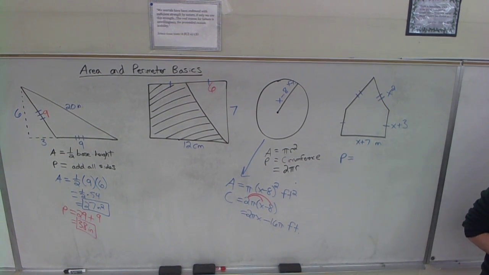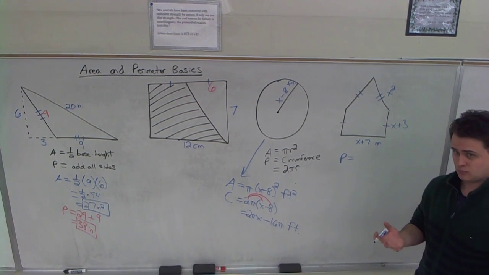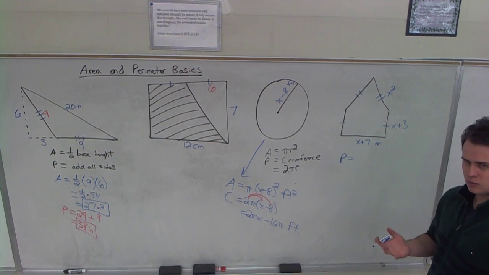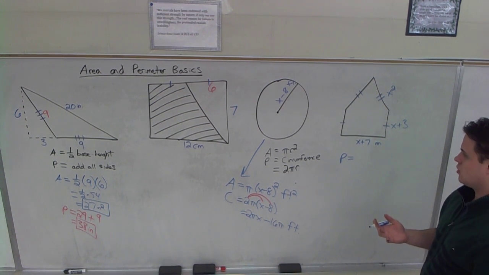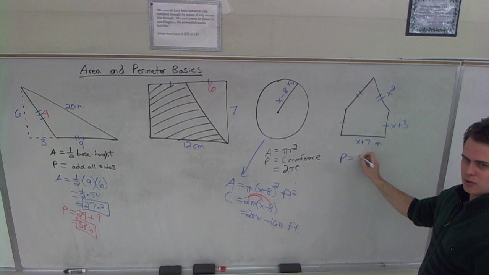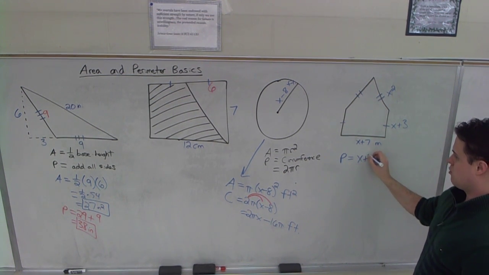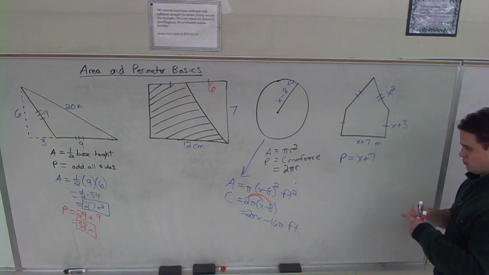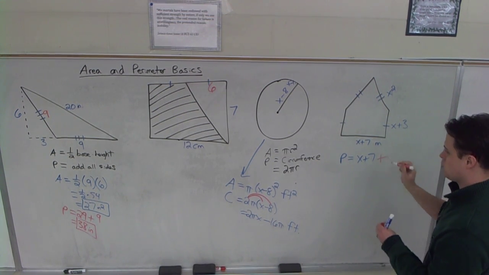Let's see, who can help me with the perimeter on this one? What do I have to add up? You have to add up all sides. So how many? 6. 5, so help me add, let's go. Okay, so that one, I'm gonna put big pluses in between terms.